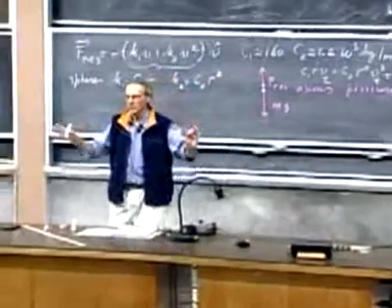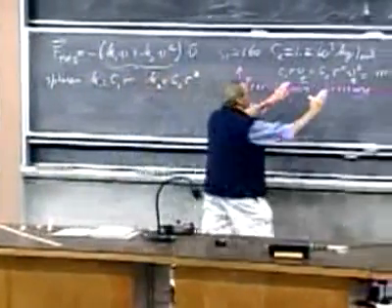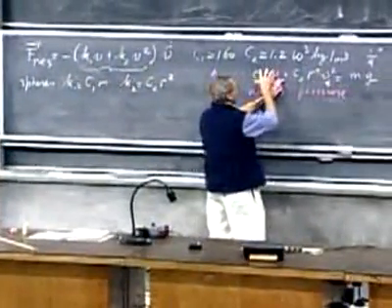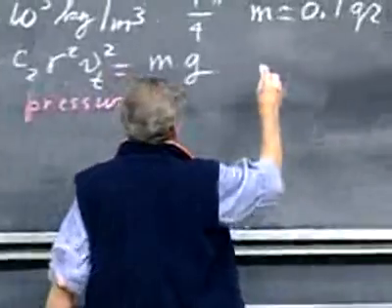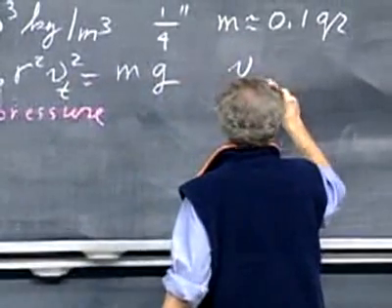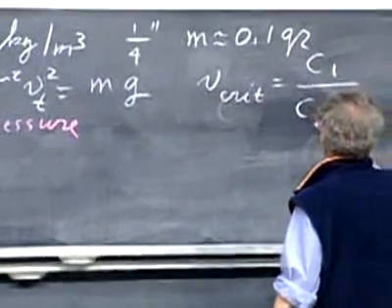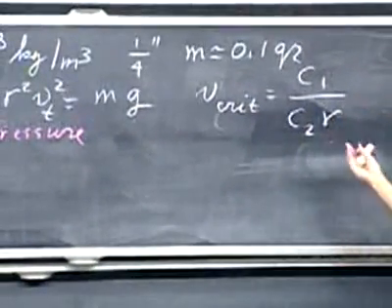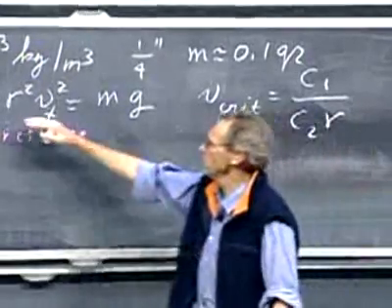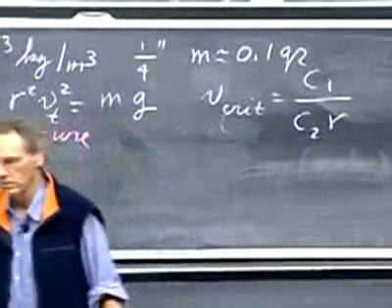For what velocity? So forget for now that here are t's. We just want to know that this term is the same as this term. That will be the case when the velocity, which we call the critical velocity, equals c1 divided by c2 times r. It's very easy to show that this term is then exactly identical to that one.